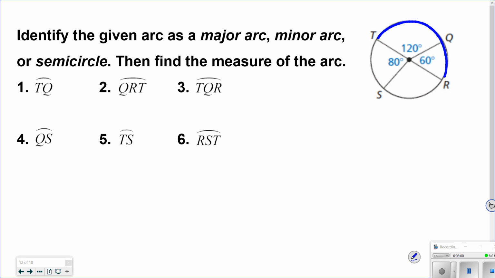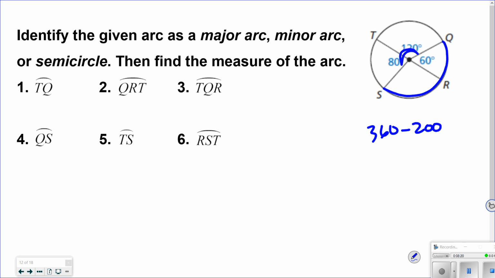TQR, that's 180 degrees. QS, that would be this one right here. So for QS, I could go 360 minus those two angles. That's 200. So you have to get 160 degrees.